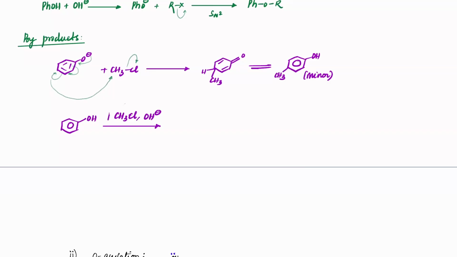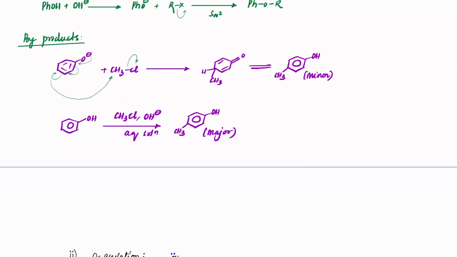But if it is present in aqueous solution, then this product will start gaining momentum and start coming out as the major product. Otherwise, if it is a non-polar or aprotic solvent, SN2 from the oxygen end is more favorable, and that will give us the major product as earlier.